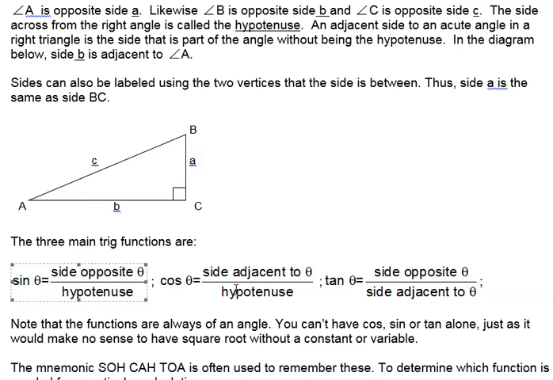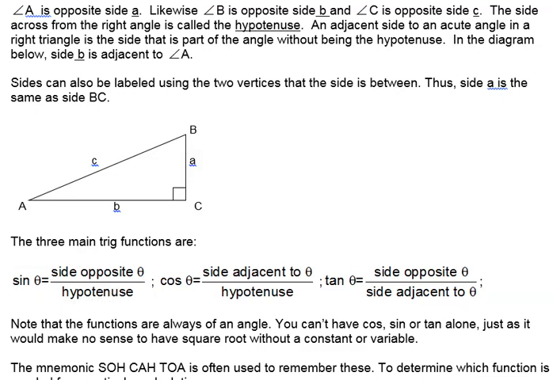To remember these three, people often use the mnemonic SOH CAH TOA, where SOH stands for sine is opposite over hypotenuse, CAH, cosine is adjacent over hypotenuse, and tan is opposite over adjacent for TOA.